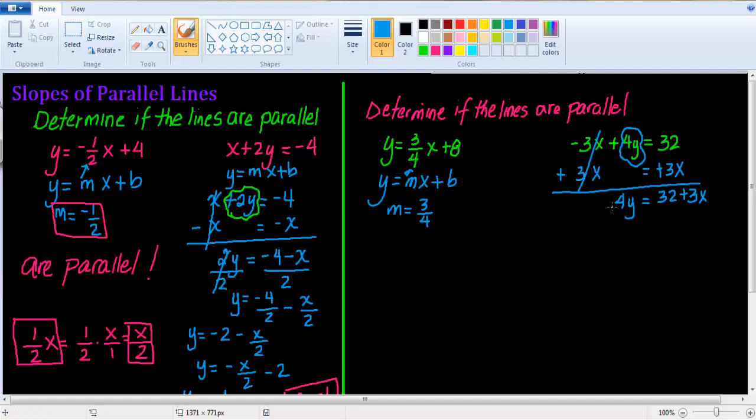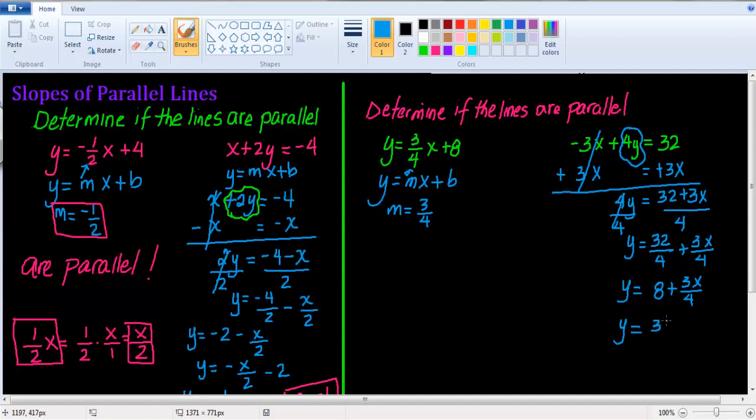We still have to isolate y, so I have to divide by 4 both sides. Y is equal to, and let's separate these fractions, 32 over 4 plus 3x over 4. We can simplify 32 over 4. What's 32 divided by 4? 8 plus 3x over 4. And now I'm going to rearrange the terms so that the x is first.